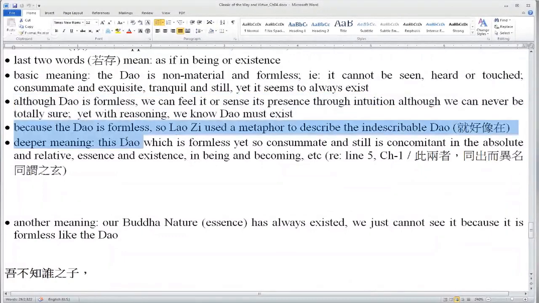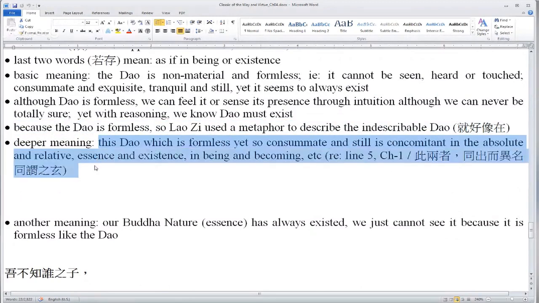That's why, because Tao is formless, Lao Tzu used a metaphor. He used 就好像, it's like this. So the deeper meaning is this, and it refers to chapter 1.